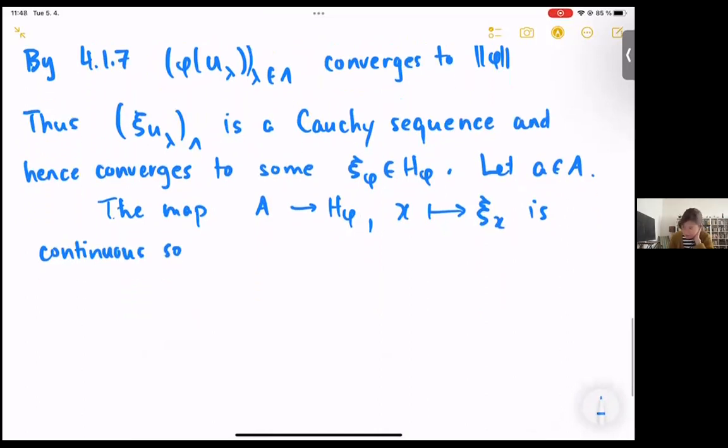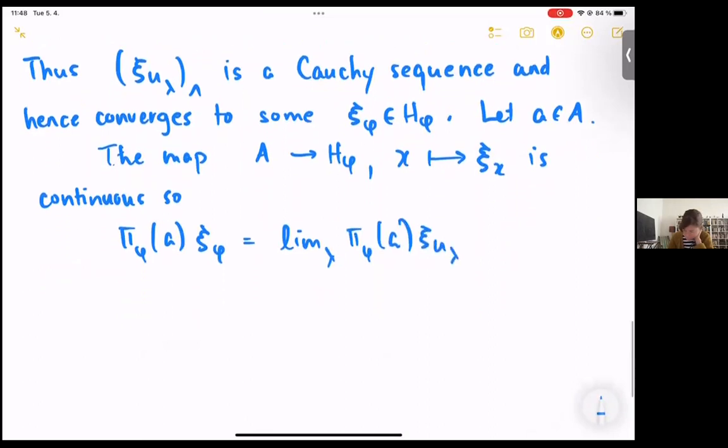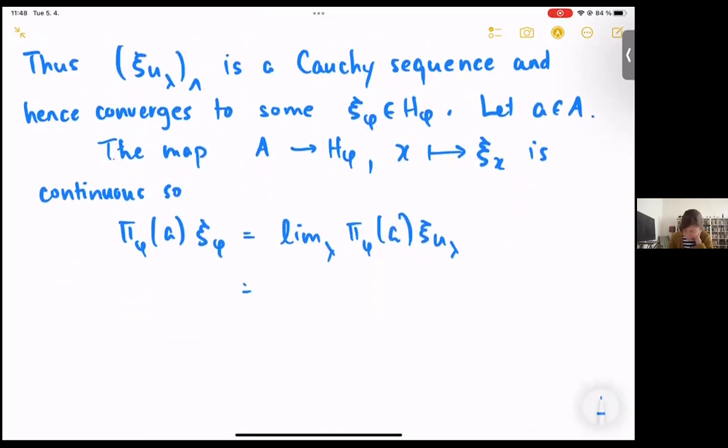So we have that pi phi of a applied to psi phi, this is just by definition of our psi phi.